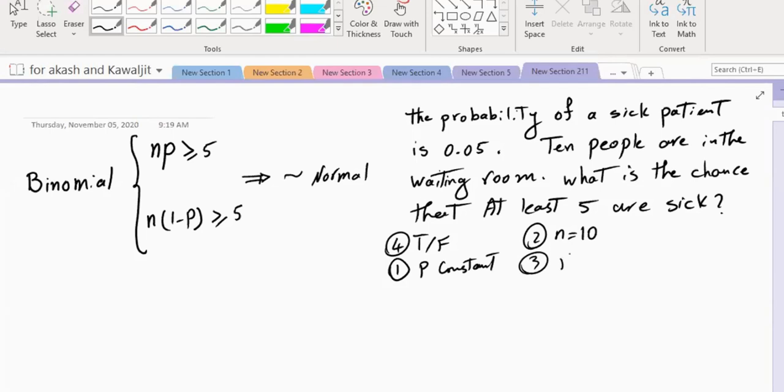And we are interested in a specific number of successes. In this case, we are interested in R equal to, what will make us happy? Will 0 make us happy? 0 sick people, no. 1, no. Is it 5? 5 will make us happy. 6, 7, 8, 9, 10.